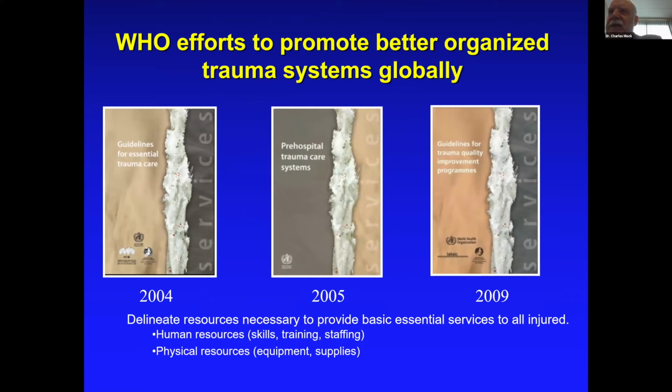And one thing that WHO is good at is developing guidelines, especially for ministries of health, and promoting those through WHO's extensive network. It has offices in almost every country. And so it sought to promote better trauma care by delineating the resources necessary to provide a certain minimum but acceptable level of trauma care services, both inside and outside the hospital, defining better the human resources and physical resources.